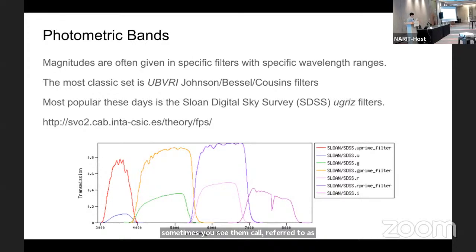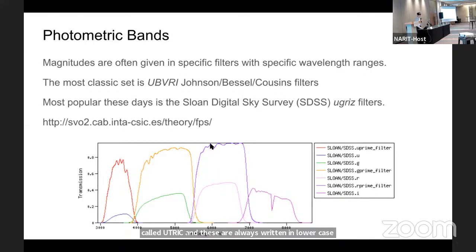There are some small differences between them, but generally it's the same. And the more popular, more modern system these days is from the Sloan Digital Sky Survey, and it's also adopted by Pan-STARRS, by ZTF, and a lot of the more modern sky surveys. And this is called ugriz, and these are always written in lowercase.